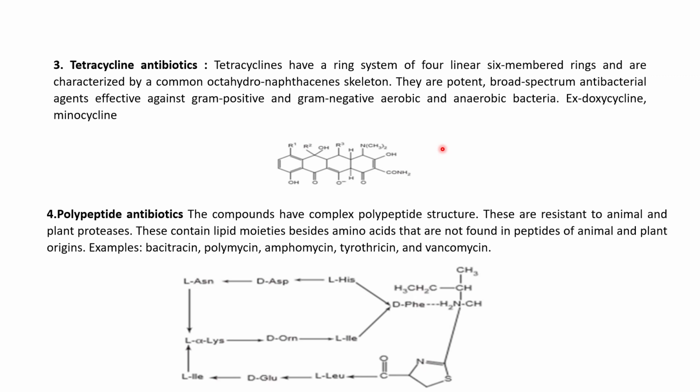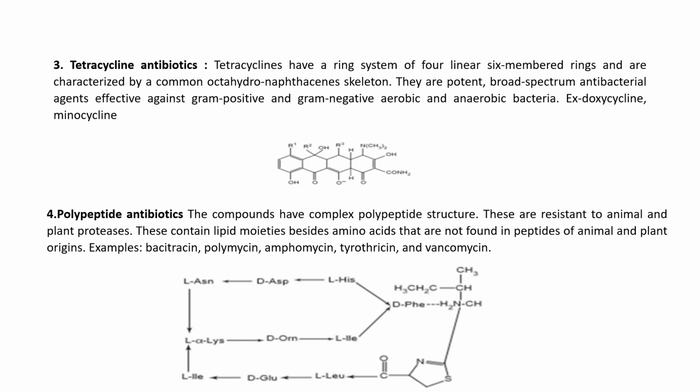The fourth group includes polypeptide antibiotics. These are compounds that have a complex polypeptide structure, and they are resistant to animal and plant proteases. They contain lipid moieties besides amino acids that are not found in peptides of animal and plant origin. Examples are bacitracin, polymyxin, amphomycin, tyrothricin, and vancomycin.